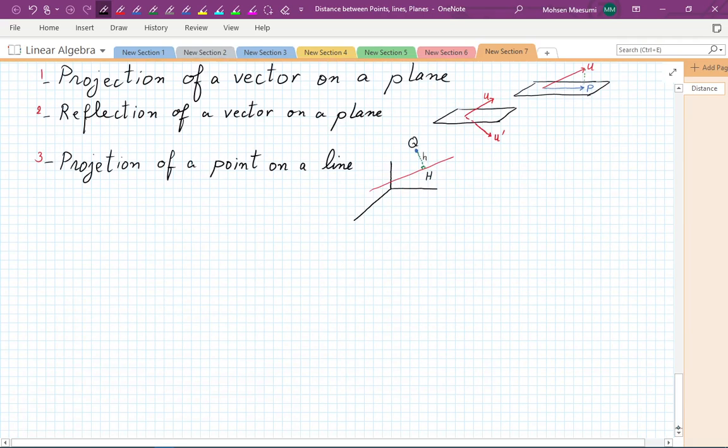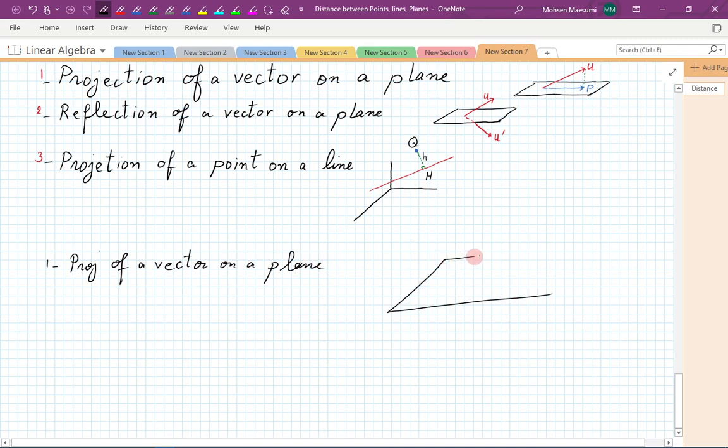Okay, first one, item number one, projection of a vector on a plane. Very simple. Let's just redraw this picture again. Suppose we put the vector to rest against our plane, so that's going to be easy for us to think about.